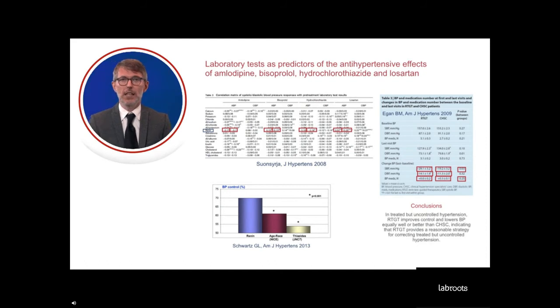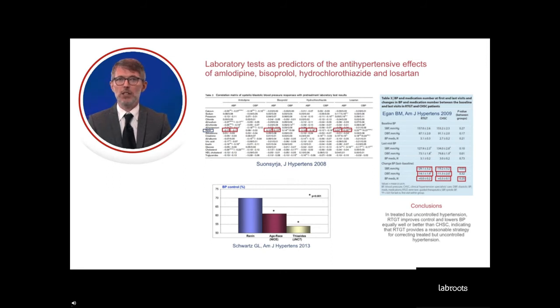We can see here, for example, that renin level was the best predictor of blood pressure response to antihypertensive drugs. Also, the renin approach was considerably better compared to the age and race approach of the NICE guideline, or to the suggestion of giving diuretics to everybody as suggested by the JNC7.